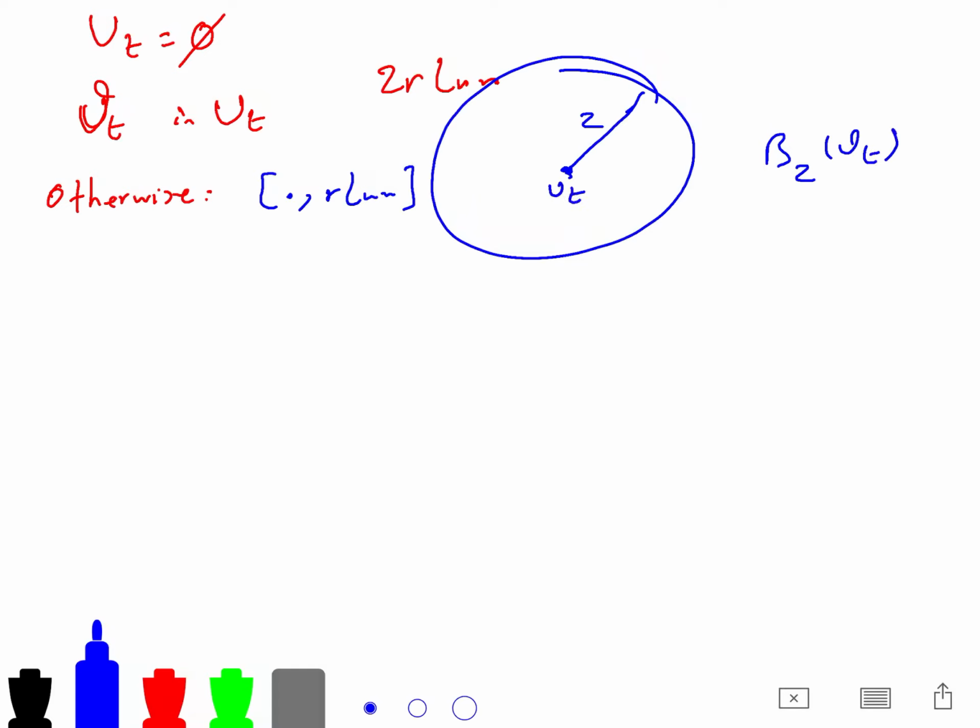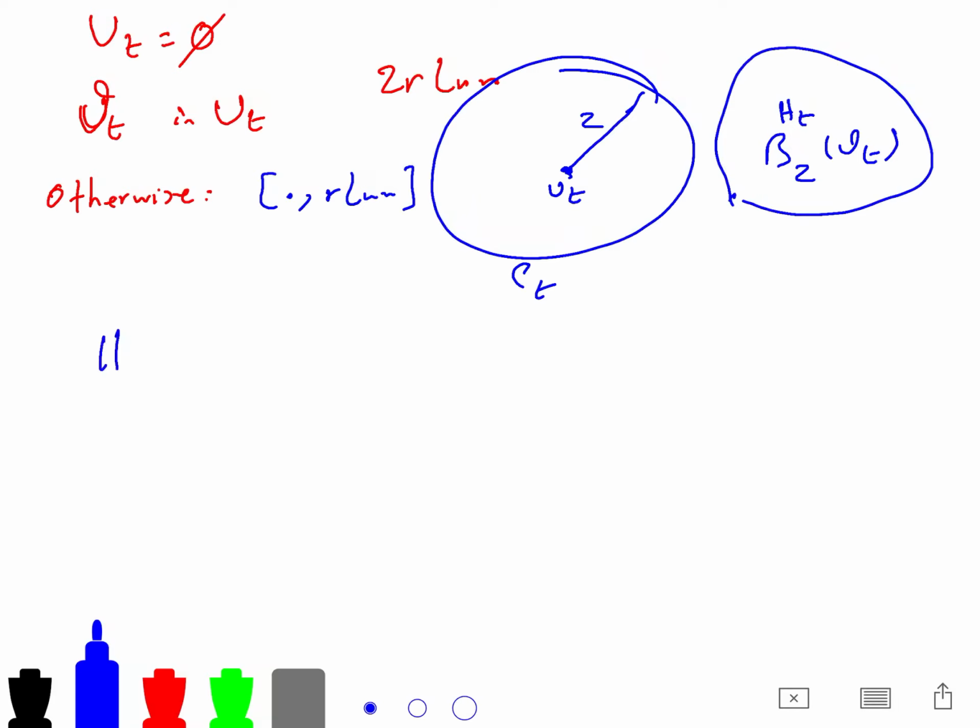This is V_T of subgraph H_T. So this is the next cluster. I mean, we define the subgraph induced by this ball, and this is the next cluster. We call it C_T.